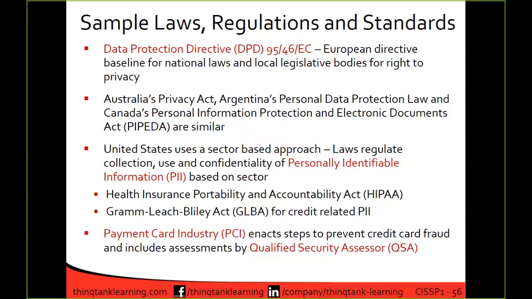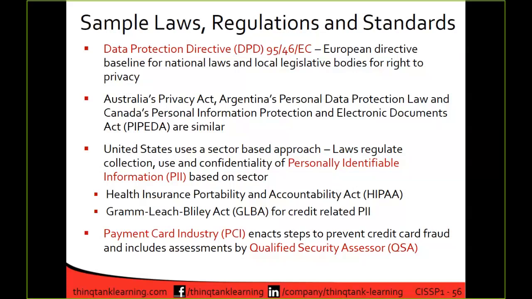You guys have probably heard of SOX compliance at some point or another, right? It's a federal law to expand the requirements for public company boards, management, and public accounting firms to act in a specific way, particularly when it comes to personally identifiable information.